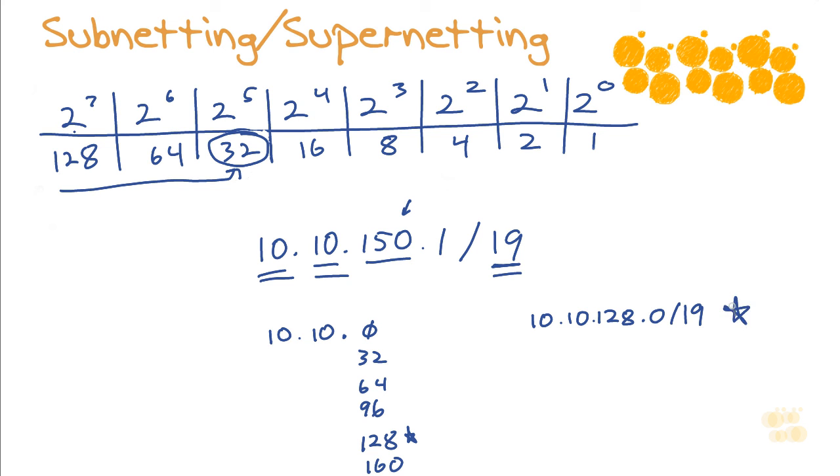That's our subnet, baby. Now, what would the broadcast be? Well, the broadcast would be 10.10. We go up to as close as we can to 160, right? It would be 159.255. And now we can easily see our first usable and last usable.